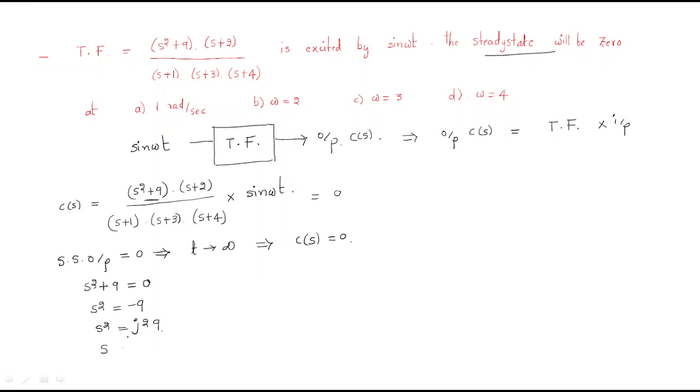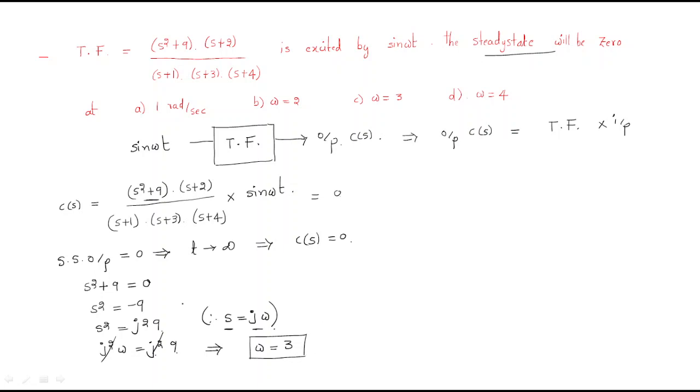Since you know that s value equal to j omega, just replacing s with j omega, then j square omega square equal to j square 9. From this we will get omega value equal to 3.